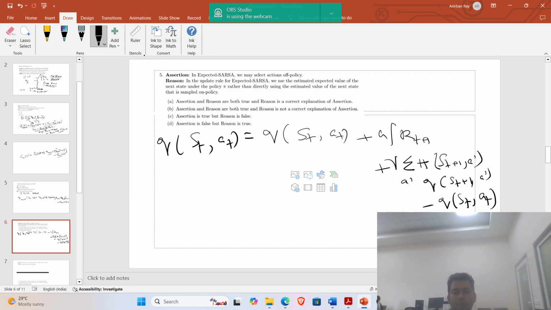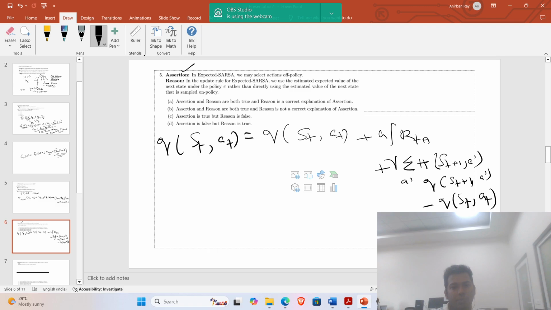As you can see, you're using the policy in the update rule, which means that the policy we are using has to be known, and that is why it is an off policy method. In SARSA it was on policy because we were updating the Q values while the policy was running, while we were estimating the states and actions. But here you already know the policy and then you are updating the Q values. So that is why it is an off policy method, meaning the policy is not running while you are updating. So the assertion is true here.